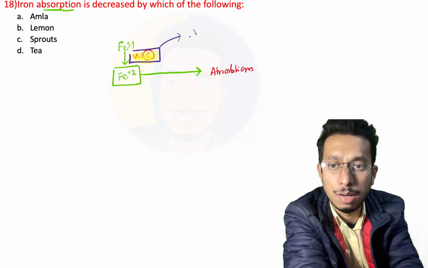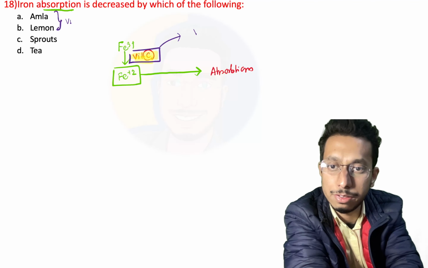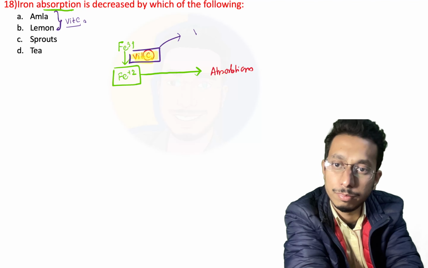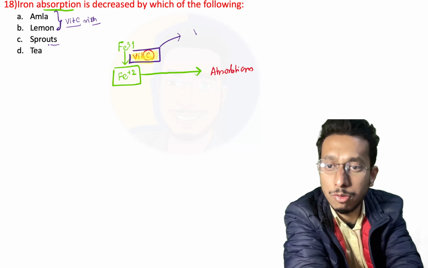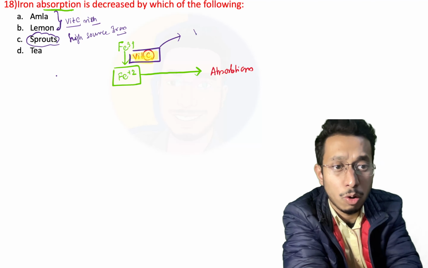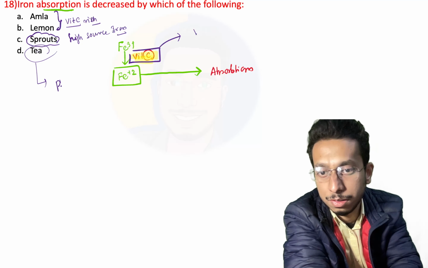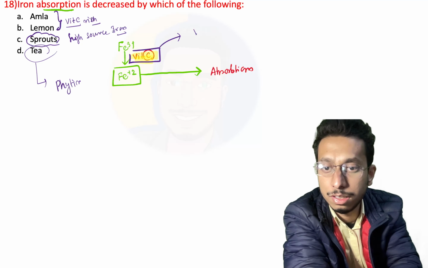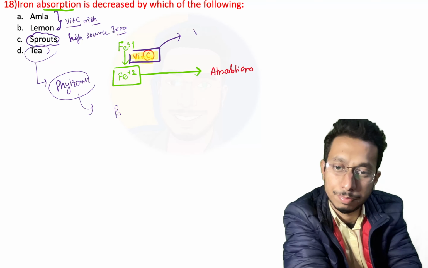So amla and lemon, which are vitamin C rich, will promote the absorption of iron, whereas sprouts themselves contain a high source of iron. Tea contains phytins. Phytins prevent iron absorption.